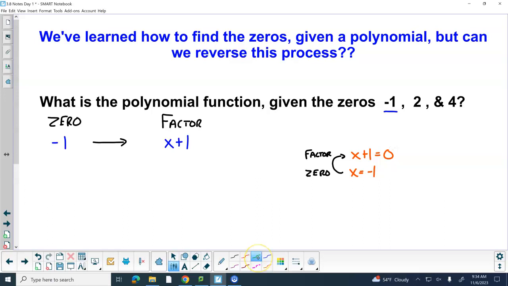If 2 is a 0, what is the factor? X minus 2. X minus 2 then becomes the factor. If 4 is the 0, what is the factor? X minus 4 is the factor.